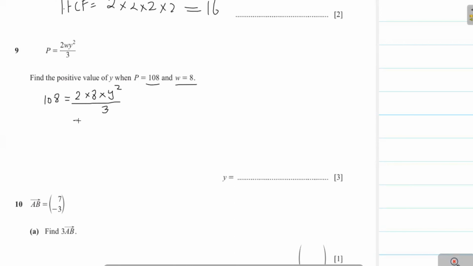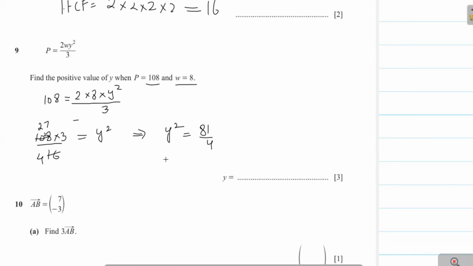Now we can write this as 108 multiplied by 3 divided by 16 Y squared. 4 times 4 is 16, 4 times 2 is 8, 4 times 7 is 28. Now 27 multiplied by 3 is equal to 81 over 4.